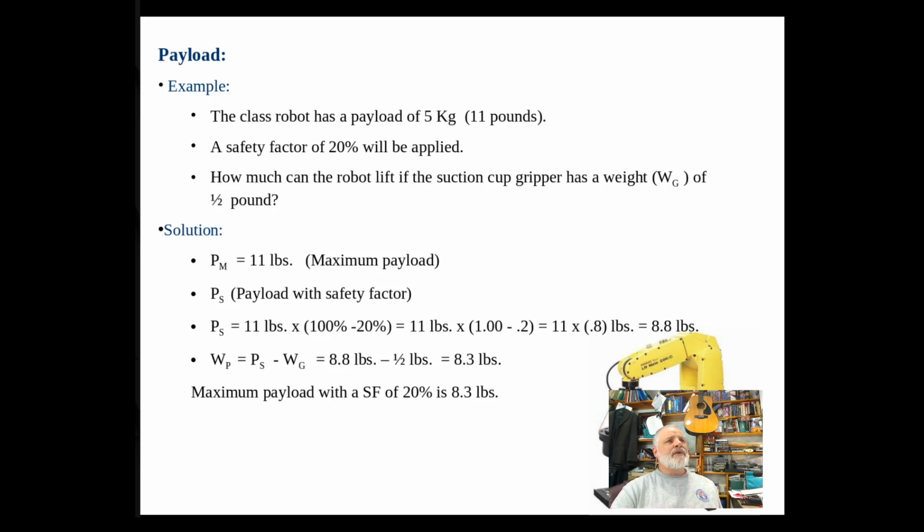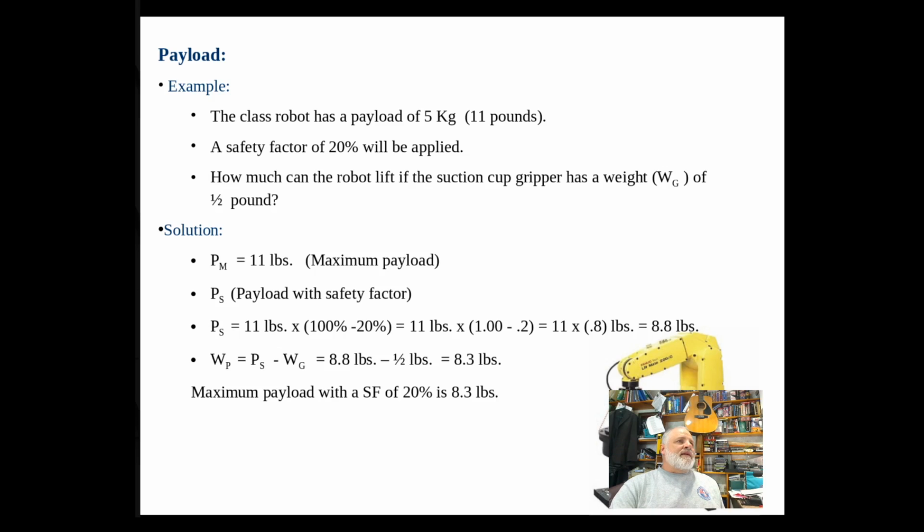And then we want to always build in a safety factor. Just a rule of thumb would be 20% below the max payload that the robot's rated at. So if the robot can lift 11 pounds, but we're going to build in a safety factor of 20% or 0.2, then that means that we can lift about 8.8 pounds with this robot safely in a repetitive manner.